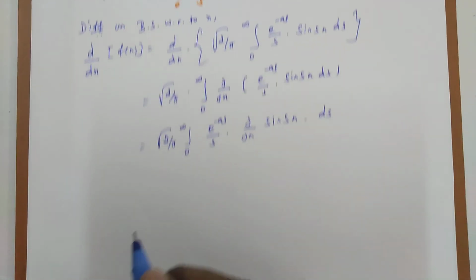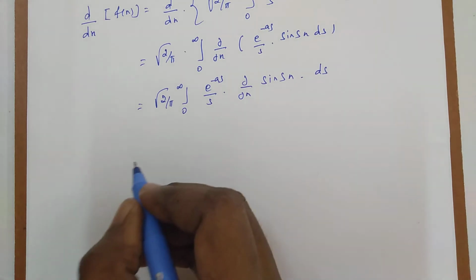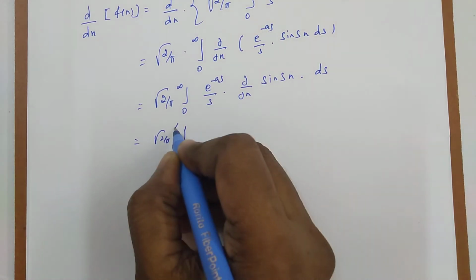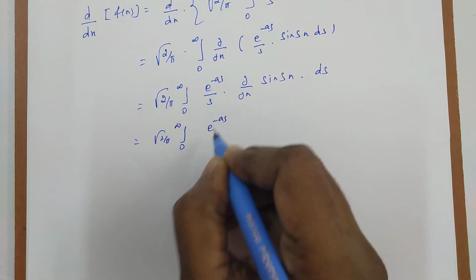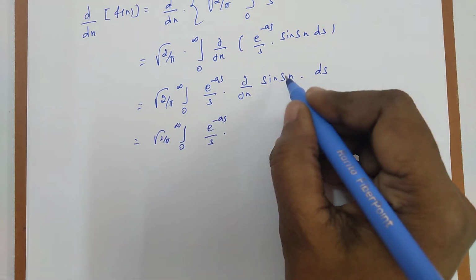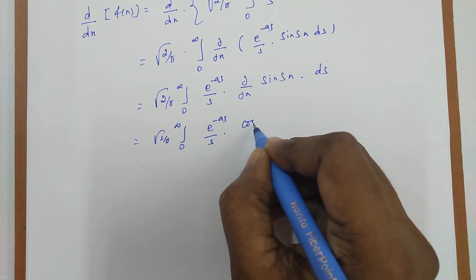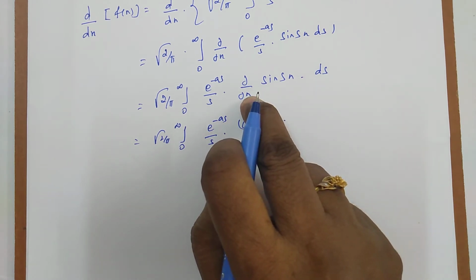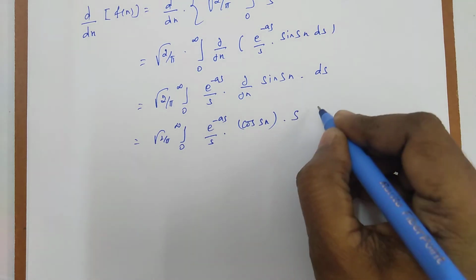Now root of 2 by pi integral 0 to infinity e power minus as by s, differentiation of sin is cos sx into derivative with respect to x, so into s ds.